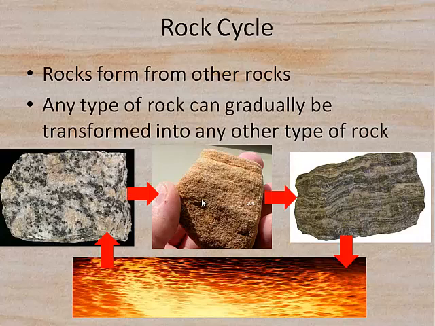Those fragments can form sandstone, a sedimentary rock. This sedimentary rock, if we subject it to metamorphism, heat and pressure, we can create a metamorphic rock. And if we continue to increase the heat and pressure, we can actually melt this metamorphic rock back into magma, and the magma can become granite again. So that's one possible outcome for granite.